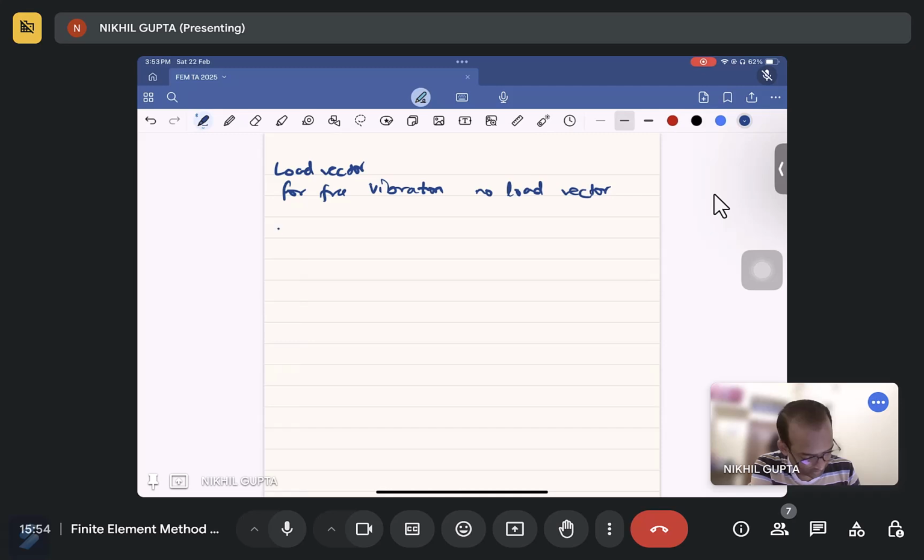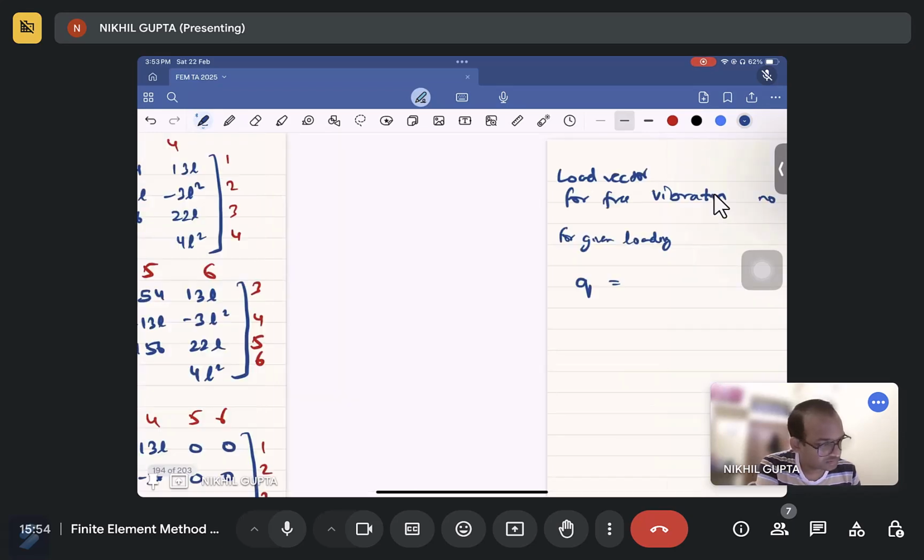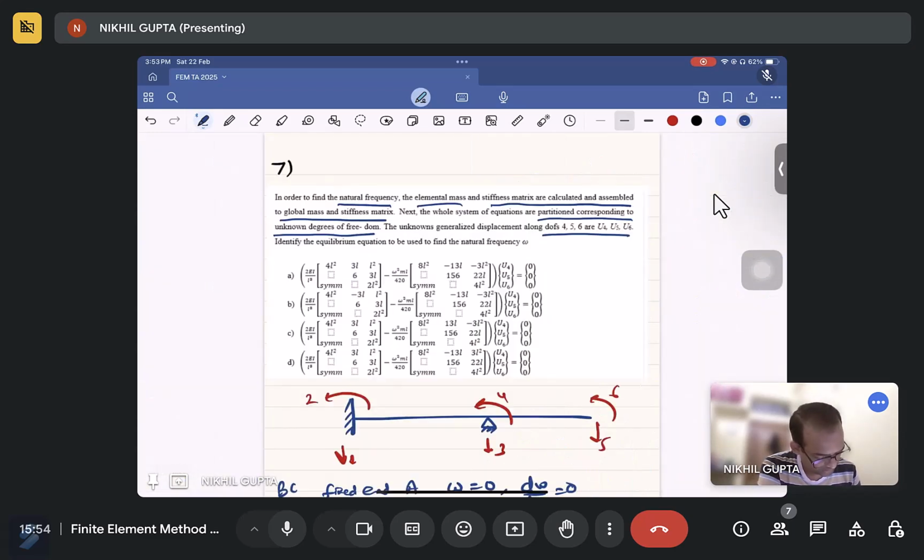So for given loading, the Q vector will be, so don't think about whether any loading is given or not.